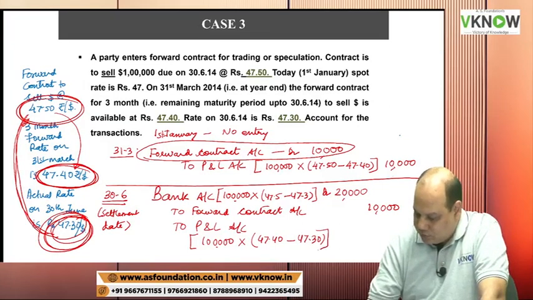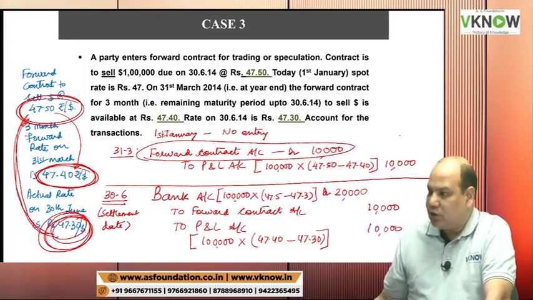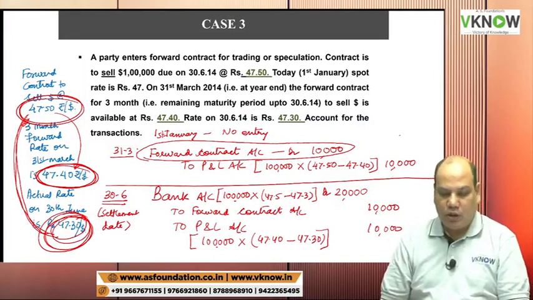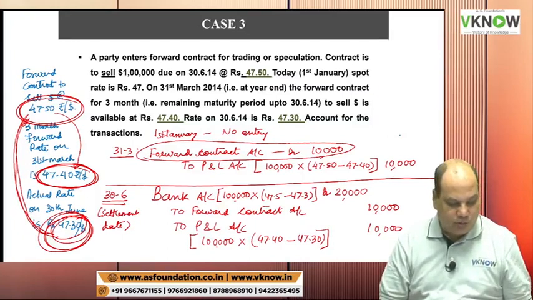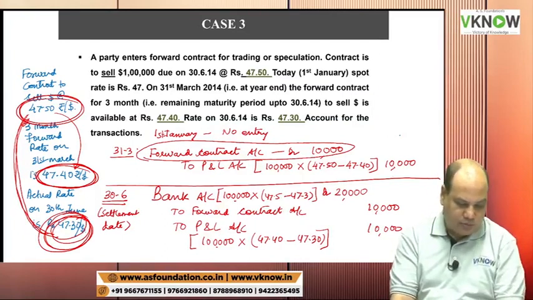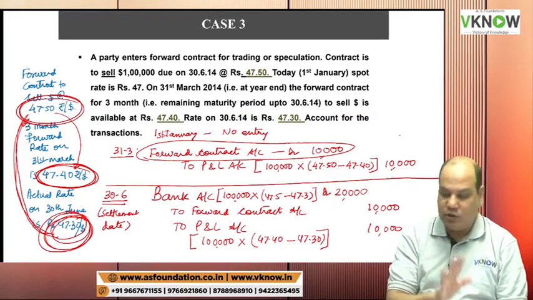Total gain is 20,000. 10,000 was recognized in last year and 10,000 is recognized in current year because of the exchange rate movement. Is it right now? Please let me know if this is right.